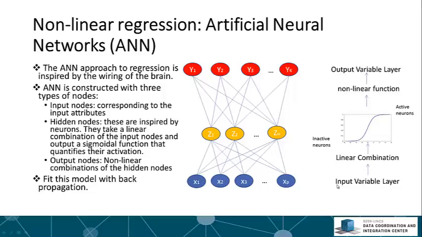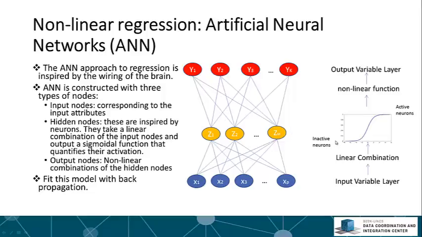So at the very bottom we have our input variables, our input data. Then, by taking linear combinations of these variables and applying a sigmoidal function, a kind of smoothed version of an on or off state, we arrive at the values of the hidden variables, or the neurons.